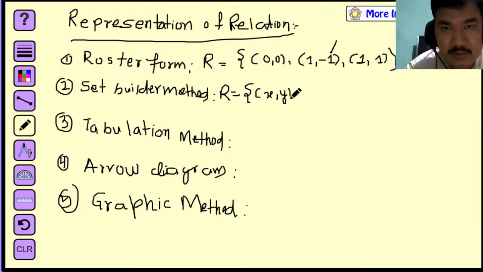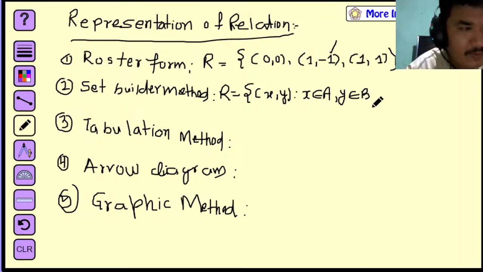(x, y) is the set of ordered pairs, so that we write here, and x belongs to A. This is compulsory. x belongs to A and y belongs to B. And the main part is that we write here what is the relation between this and this.